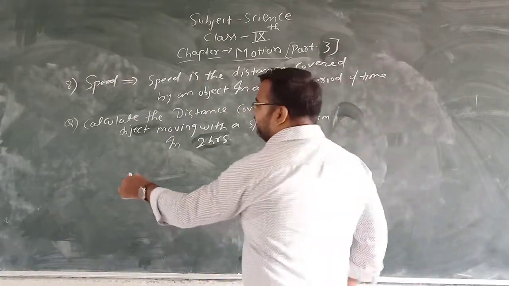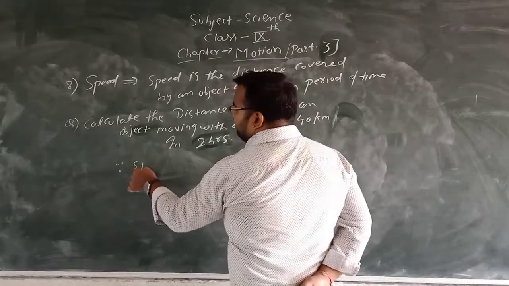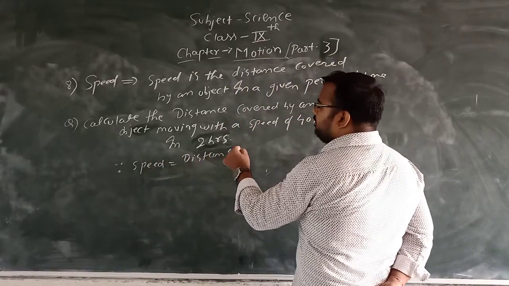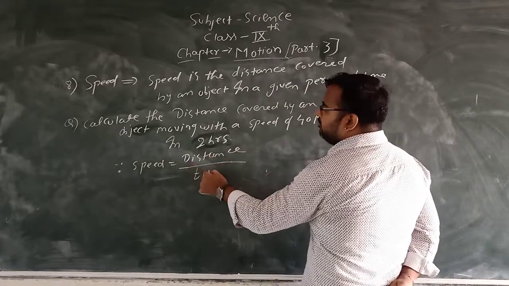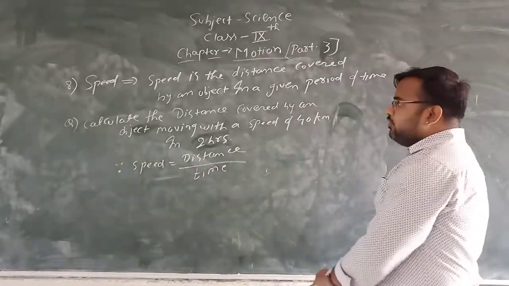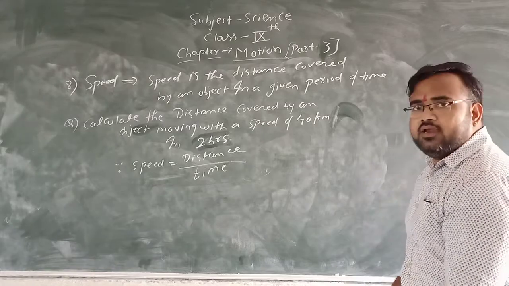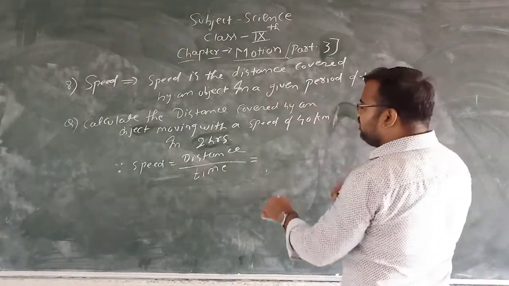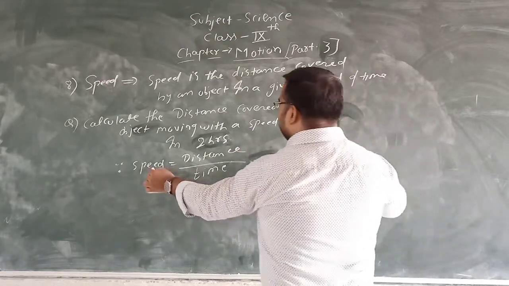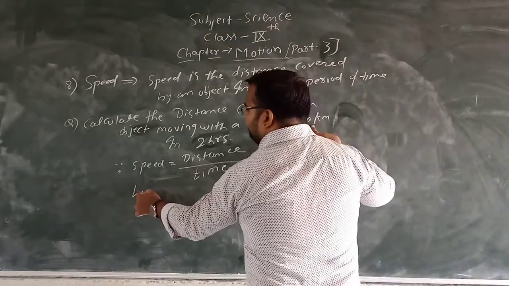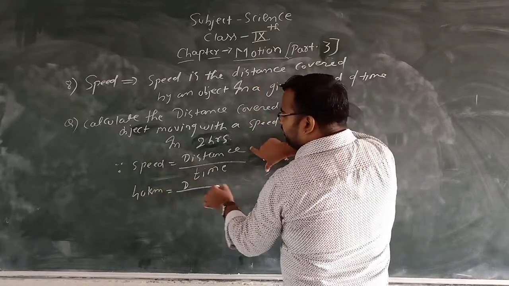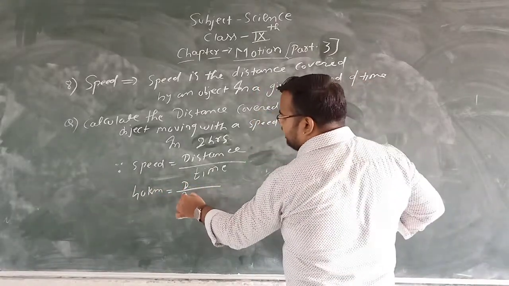So we already know that speed is equal to distance upon time. Now, what is given? Distance is not given. Speed is given, 40 kilometers per hour. Distance we don't know, so this will remain as it is, and the time is 2 hours.